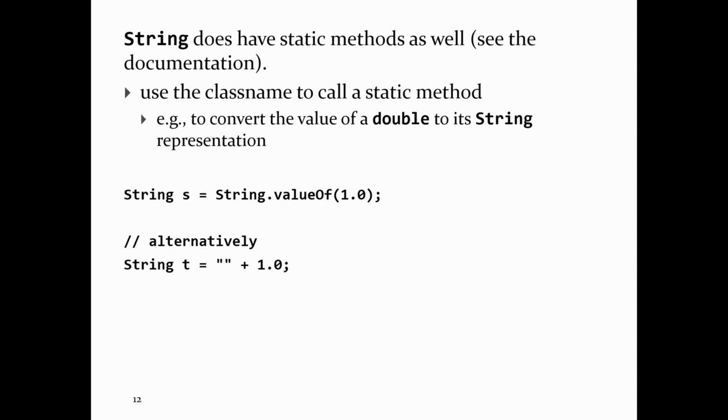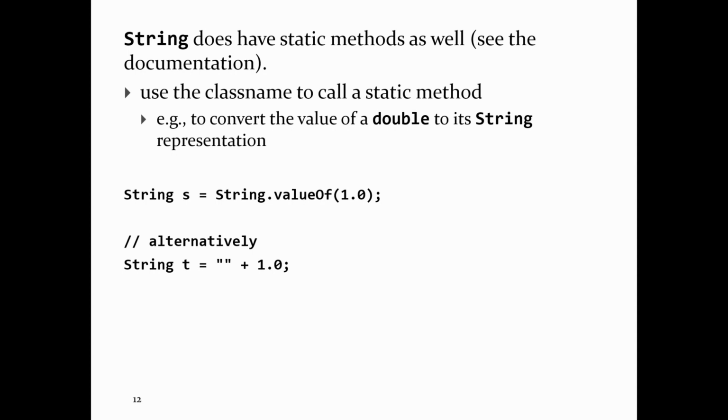Now, String has static methods as well. Remember, to call a static method, you always use the name of the class. The methods called valueOf all convert some primitive type to a string, giving you back the string representation of some primitive value. So String.valueOf, with big S String, means this is a static method. valueOf 1.0 gives you back the string representation of 1.0, which in this case is just 1.0.